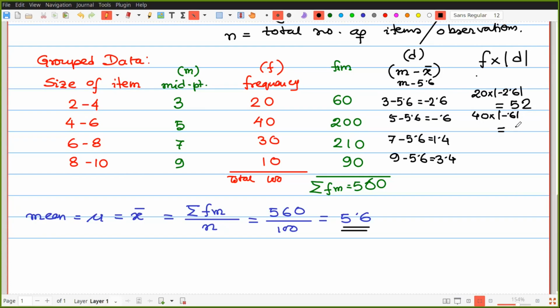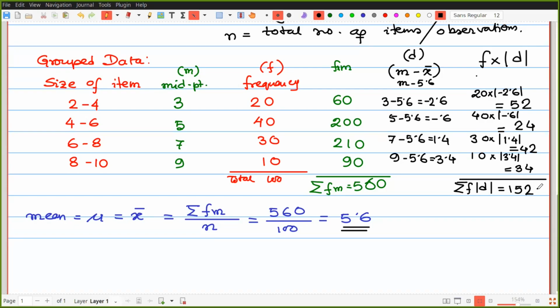That one is equal to 24. Next one, 30 into 1.4, as that is already plus. So 30 into 1.4, that one is 42. And finally 10 into 3.4. So that means 34.